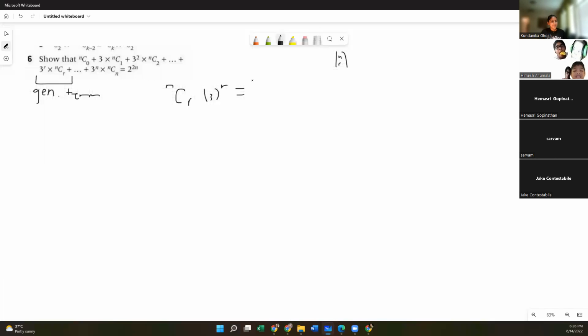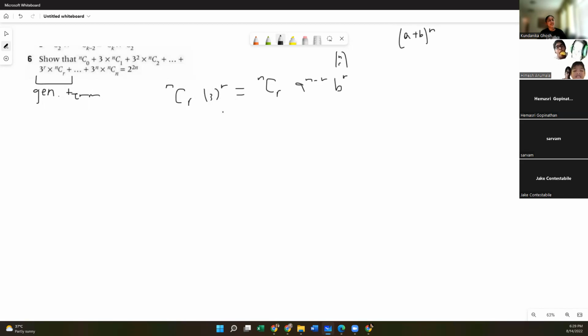Okay, so your general term here is going to be n choose r times... If we have a plus b to the power of n, this is what we're going to work with. The equation for that is n choose r times a to the power of n minus r times b to the power of r, okay?